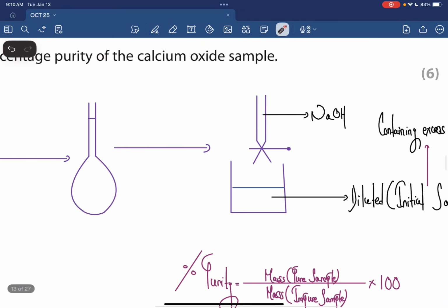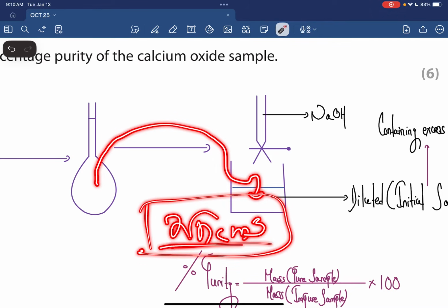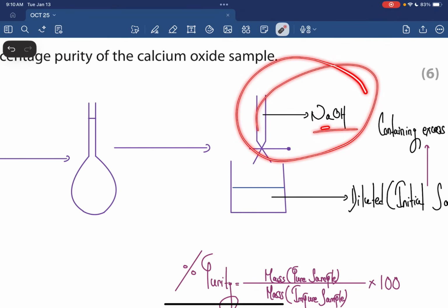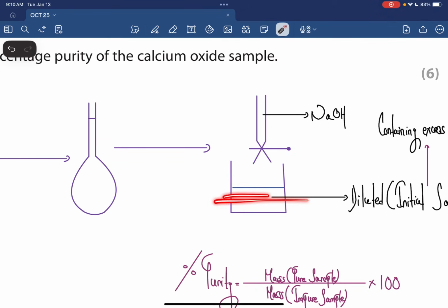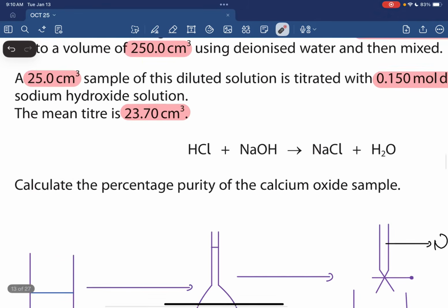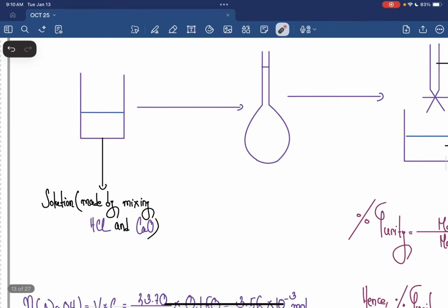Then from here they take 25 centimeter cube and titrate it with sodium hydroxide, figuring out the moles that were in excess. And you have your initial moles. Now you do the reverse titration procedure and figure out the mass of this. So this entire process is what we refer to as reverse titration.